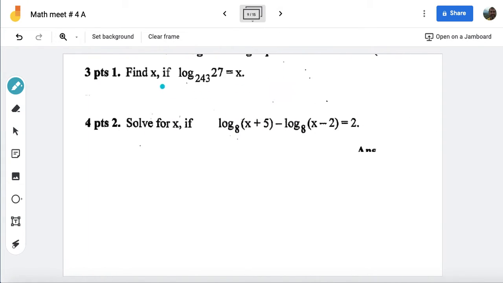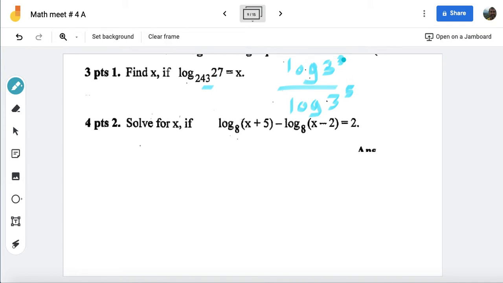Sorry. Find x if log, okay, notice 243 is showing up again. That's 3 to the 5th power. So this is like log of 3 to the 3rd power over log of 243, which is 3 to the 5th power.